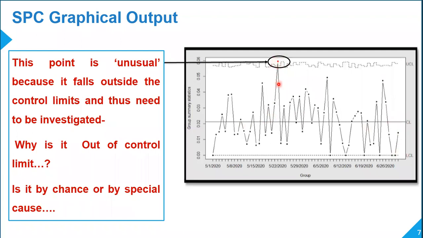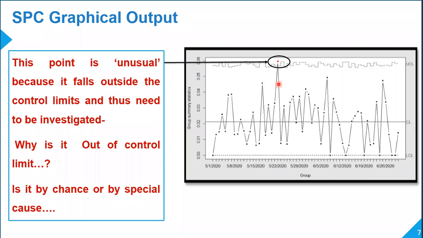So in other words, anything beyond control limits is in the unacceptable zone, right? Either beyond the upper control limit or beyond the lower control limit. That's an unacceptable zone, and we need to investigate why the given data point is located beyond the control limits.